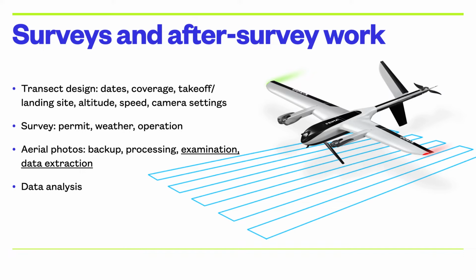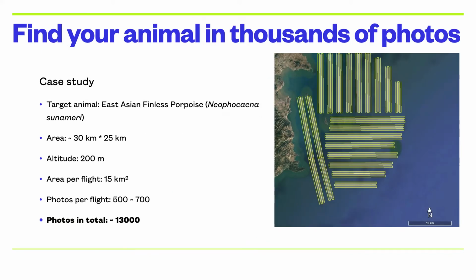And for examination and data extraction of aerial photos, I am going to show you one example of our case study. So here we were looking for East Asian finless porpoise. The area we are covering is around 30 times 25 kilometers.